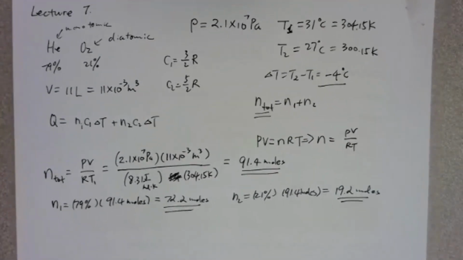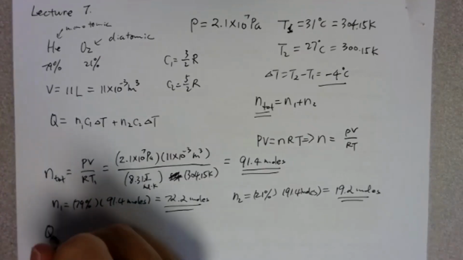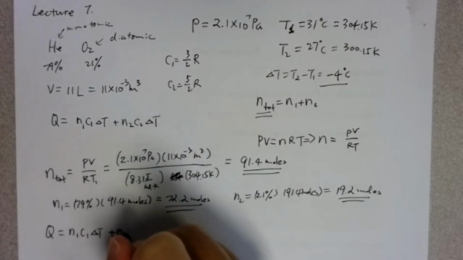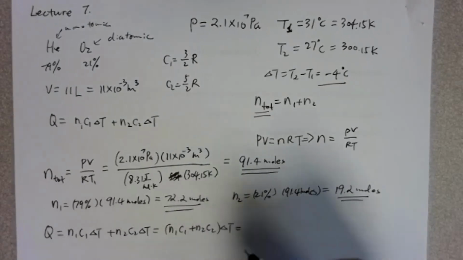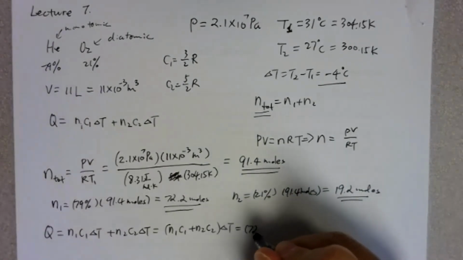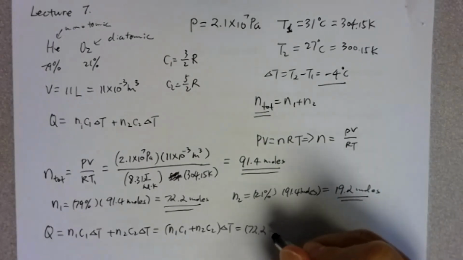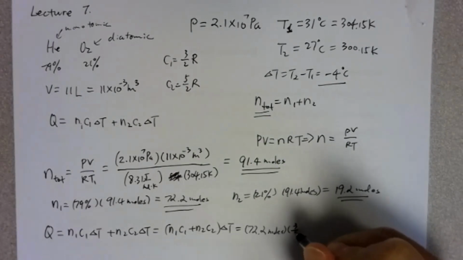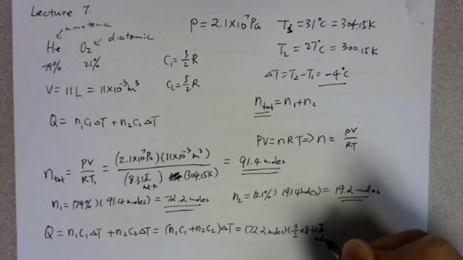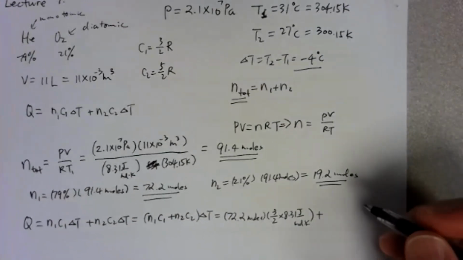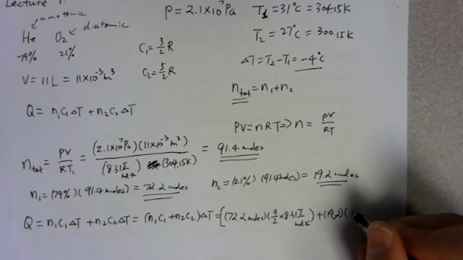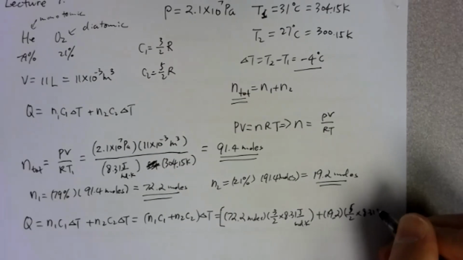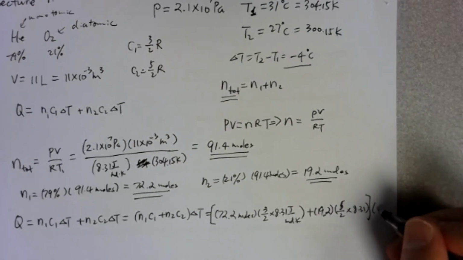So then the heat being removed from the tank, Q equals N1C1 delta T plus N2C2 delta T. The same delta T, so you can say N1C1 plus N2C2, both times delta T. So N1 is 72.2 moles times 3/2 times 8.31 joules per mole Kelvin, plus, in a square bracket, 19.2 times 5/2 times 8.31, skipping the units for now because everything should be in SI units, minus 4 degrees.